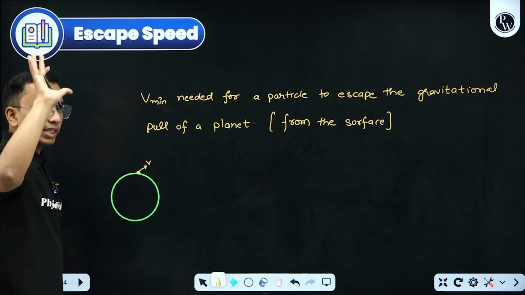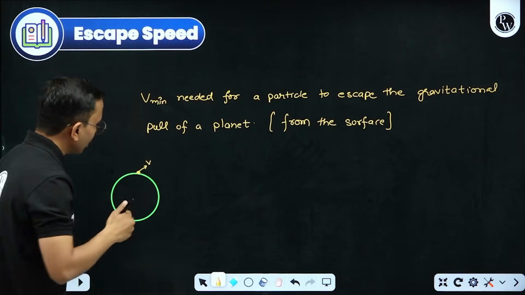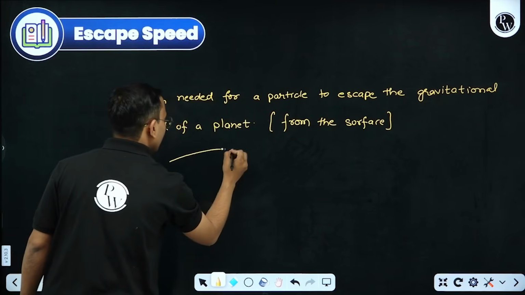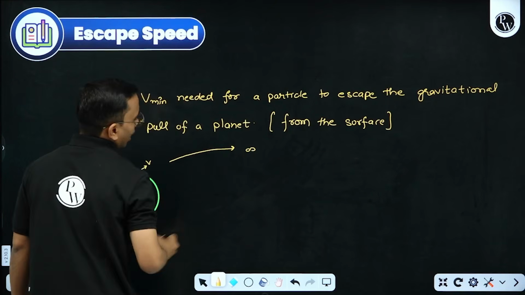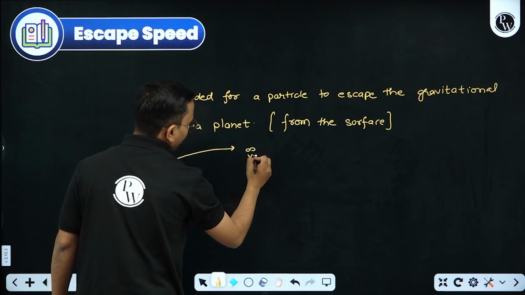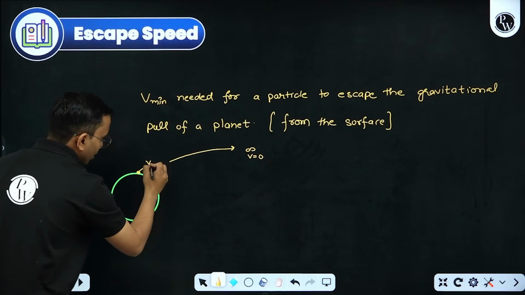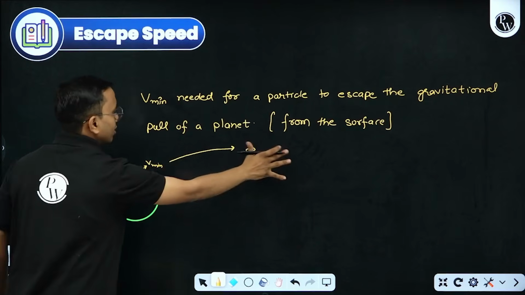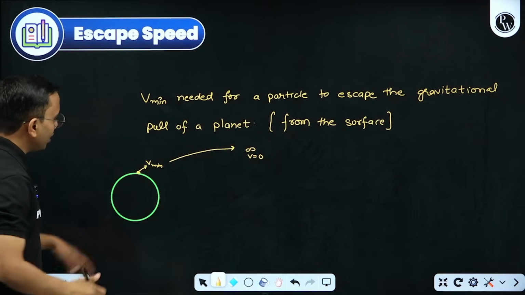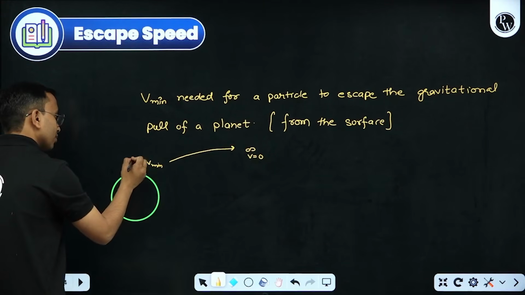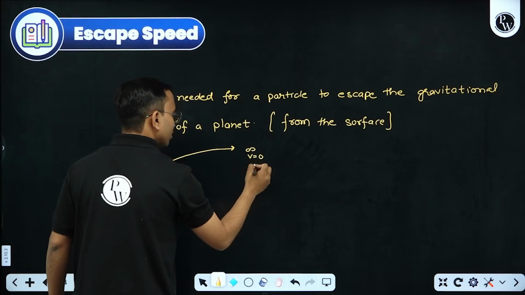It went to infinity. I need to find the minimum velocity. So when it is reaching infinity, I am considering here v is equal to 0 critically, because I am finding the minimum velocity. Therefore, I am considering the final velocity there is 0. Now, this is my point 1. This is my point 2.